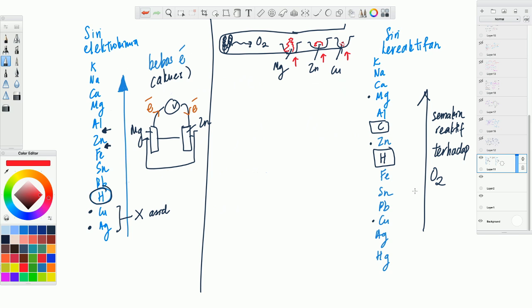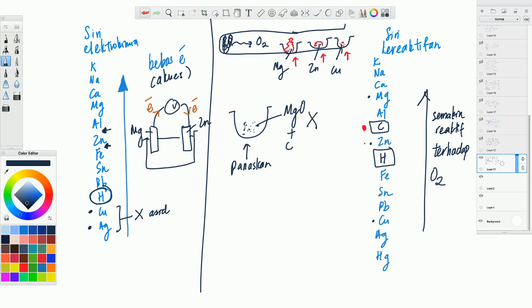tak reaktif terhadap oksigen. Okey, kita boleh gunakan cara yang sama untuk tindak balas karbon kepada oksigen. So, karbon lebih suka oksigen berbanding dengan zinc, tetapi kurang suka oksigen berbanding dengan magnesium. Oleh itu, sekiranya saya letakkan dalam mangkuk pijar, saya letak magnesium oksida dan karbon dan saya panaskan. Magnesium lebih suka oksigen. Karbon kurang reaktif. Tiada tindak balas berlaku.